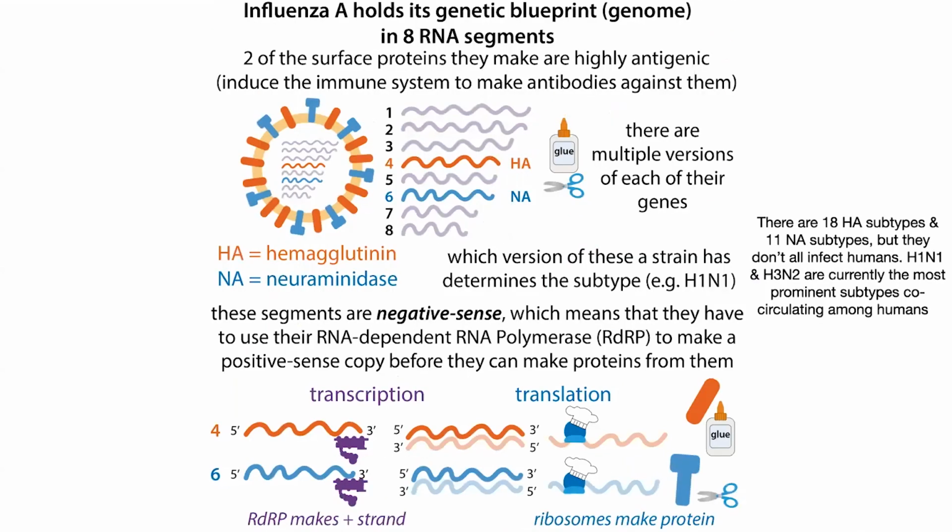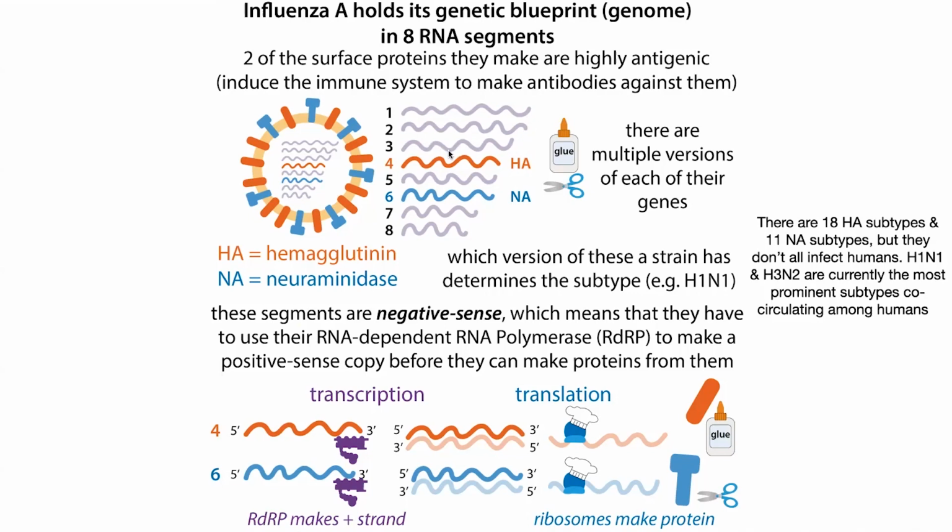Influenza has kind of mini chromosome type of things, but they're RNA. So influenza A has these 8 RNA segments. Instead of having tons and tons of proteins encoded in each strand, like we have the instructions for making lots of proteins in each of our chromosomes, they only have the instructions for making a couple of proteins in each of their strands.